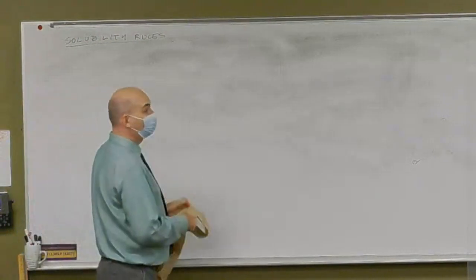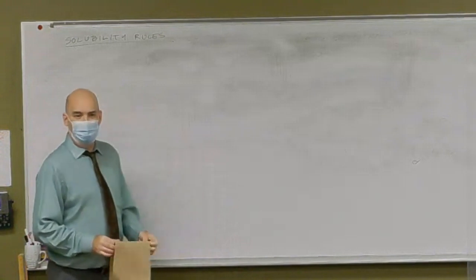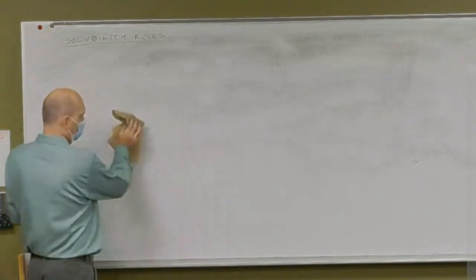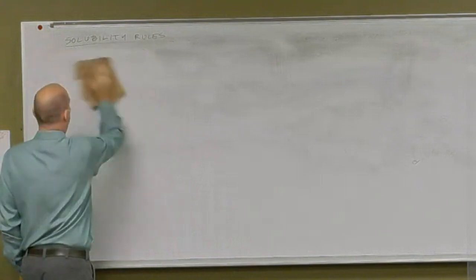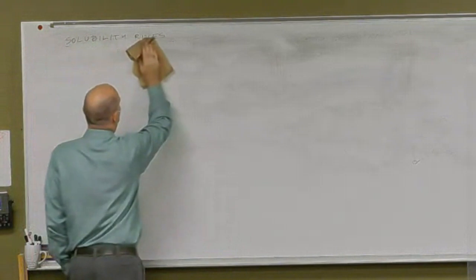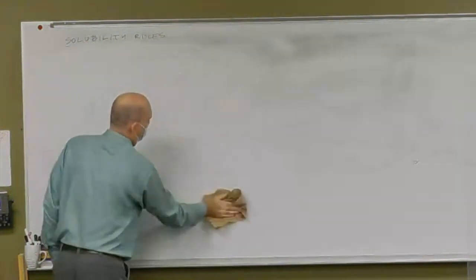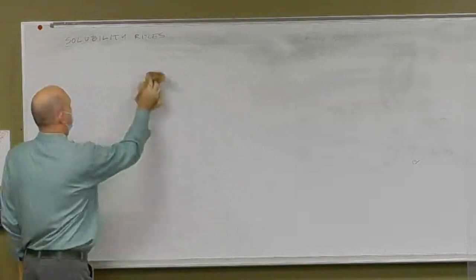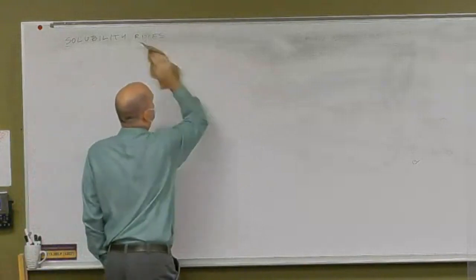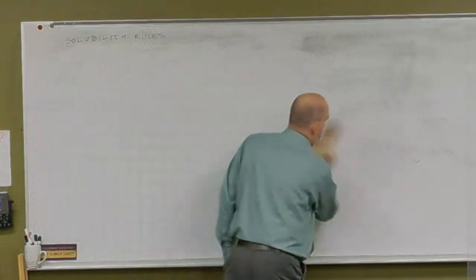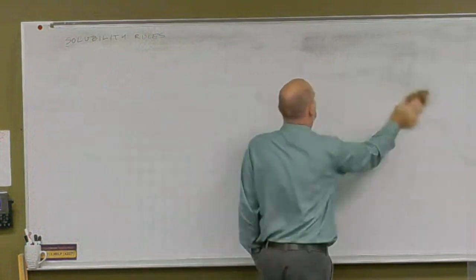You either are a strong electrolyte, which means you dissociate really easily, or you're not, in which case you're going to be a weak electrolyte. Anything that contains a strong electrolyte is guaranteed to dissolve in water. And there are rules, and they're fairly simple.